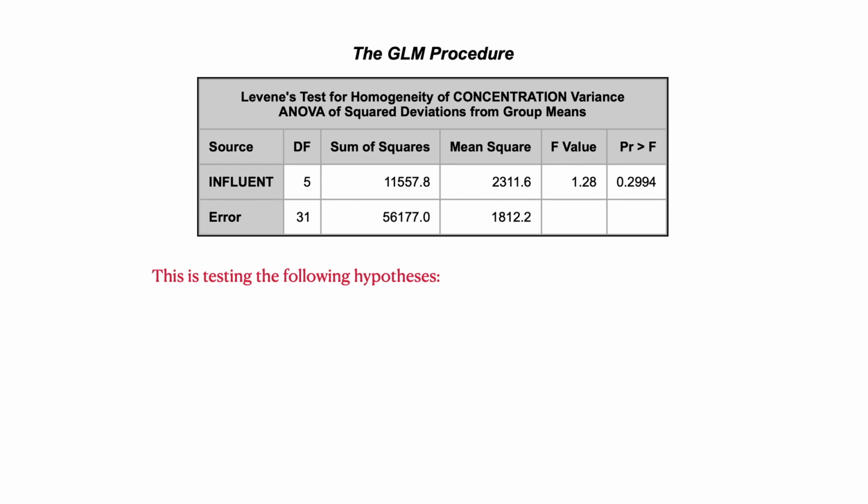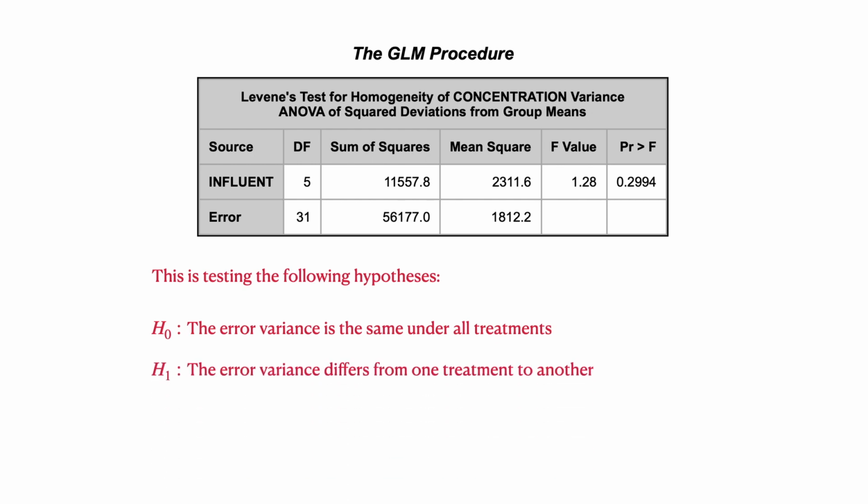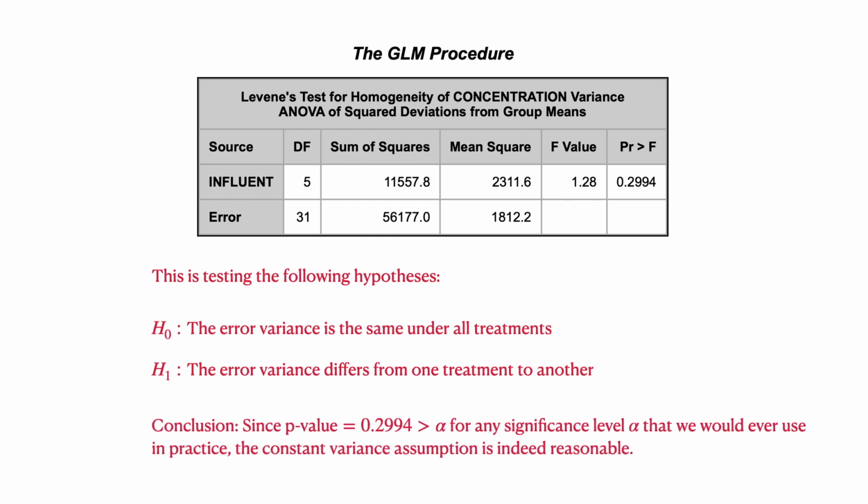This is testing the following hypotheses. The null hypothesis is that the error variance is the same under all treatments. The alternative hypothesis is that the error variance differs from one treatment to another. Since the p-value, which is 0.2994, is greater than any significance level that we would ever really use in practice, the constant variance assumption is indeed reasonable.